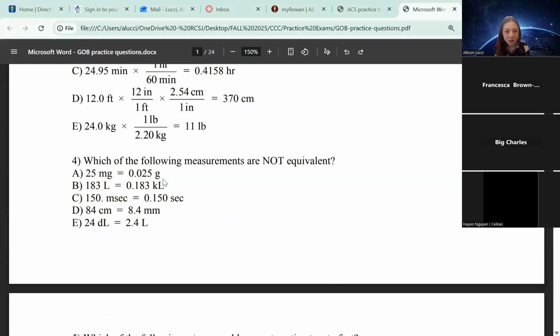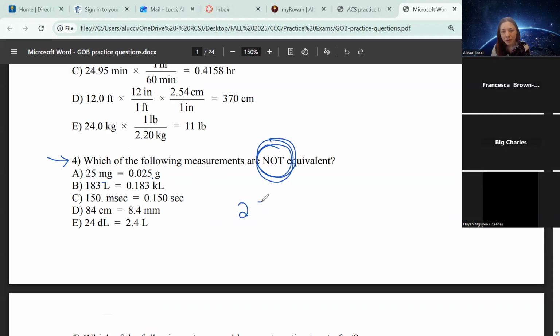So these equivalent measurements here, some of these involved conversions as far as just noting the power of tens and prefixes. So number 4, I'll take a quick stop here. We want to know what's not equivalent here. So we have to do some conversion. So milligram to gram, right? We look at the units given in answer choice A here.